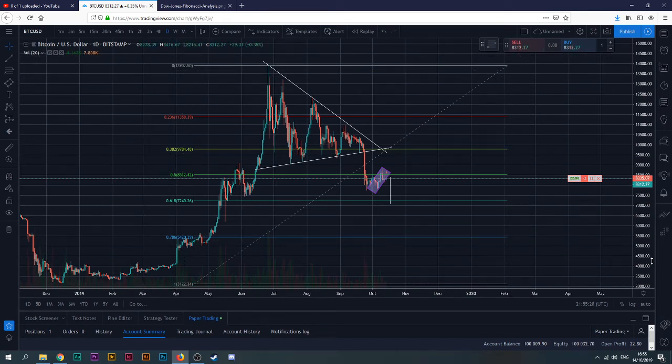But back to the point at hand and why I'm selling short. So we have this bear flag, and this drop to the price here is this white line.